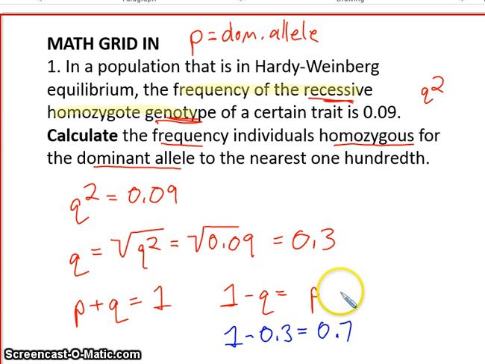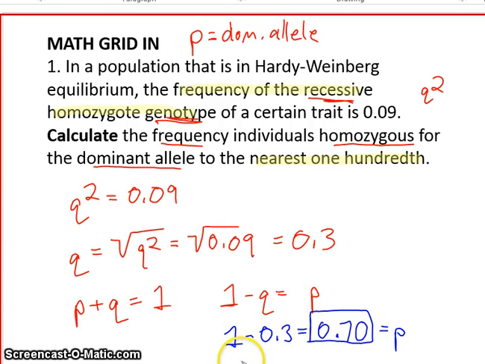So we got the dominant allele P. It says to go to the nearest 100th. Always go back and reread math questions, and they tell you how far to go. We ended up with 0.7, so to make this truly accurate, I would put 0.70 as my final answer for P, which represents the frequency of the dominant allele, also stated on your equations and formula sheet.